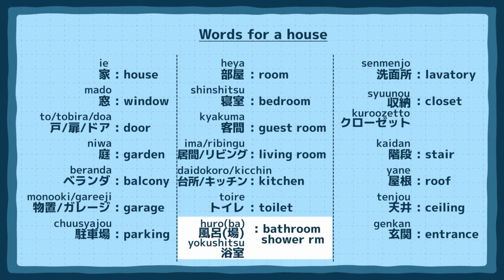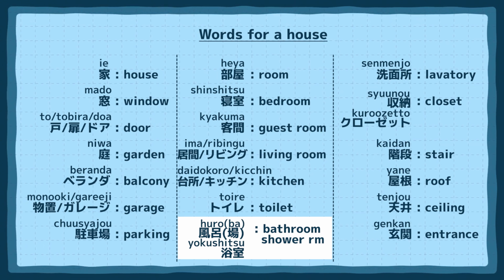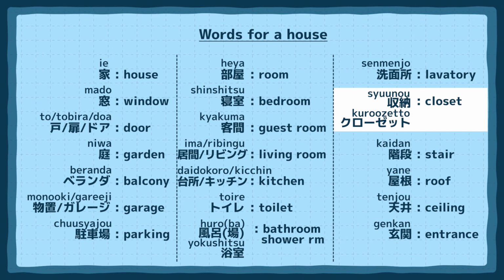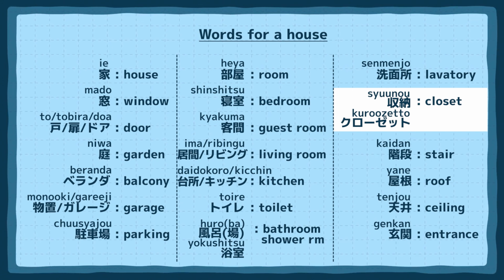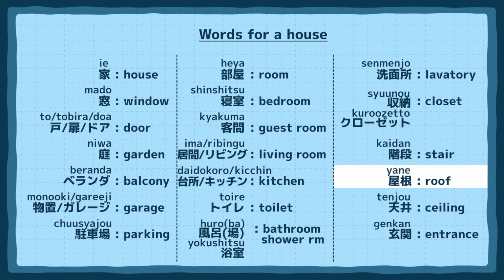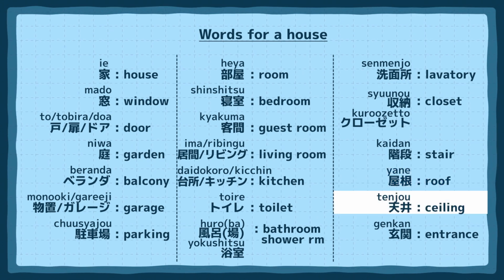Bathroom or shower room, 風呂 or 風呂場 or 浴室. Lavatory, 洗面所. Closet, 収納, but we also say クローゼット. Stair, 階段. Roof, 屋根. Ceiling, 天井.